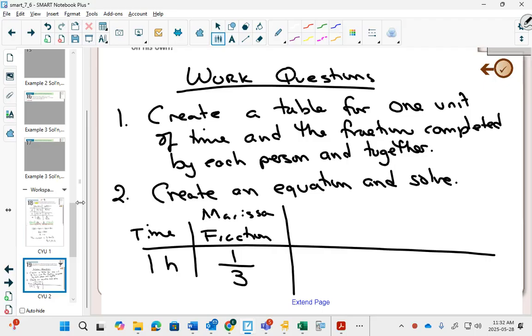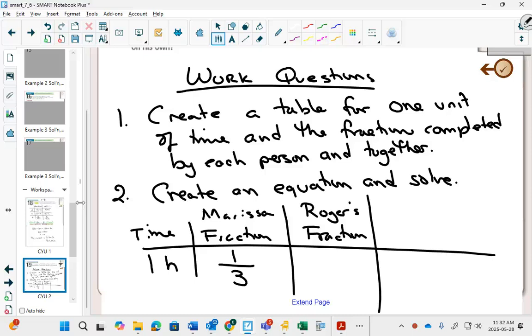Then Marissa's working with Roger. How much does Roger get done in 1 hour? This is what we don't know. We don't know how long it takes Roger to do it, so we don't know how much he does in 1 hour.